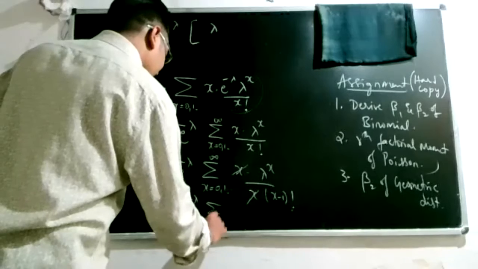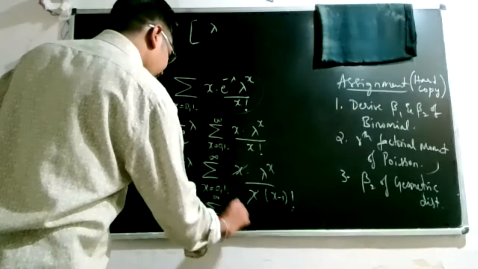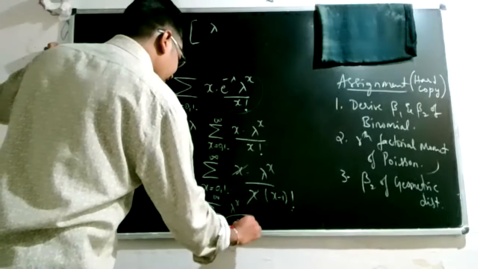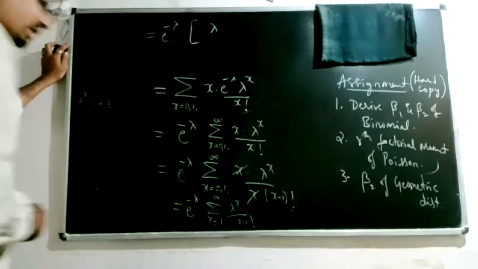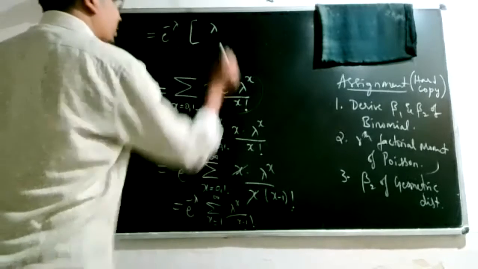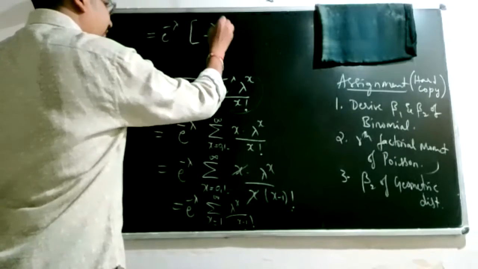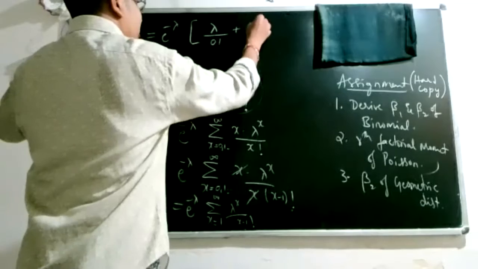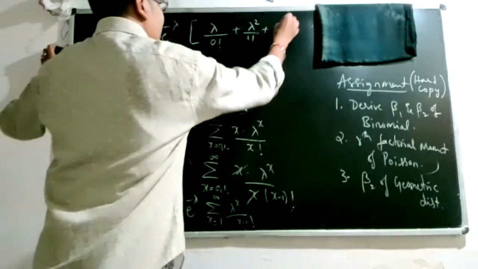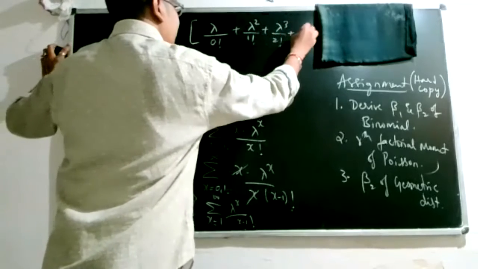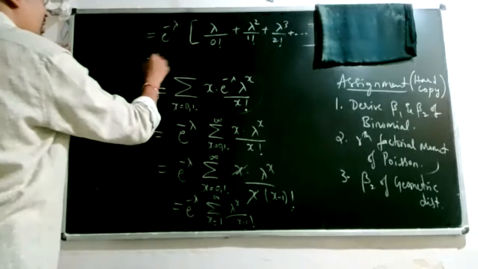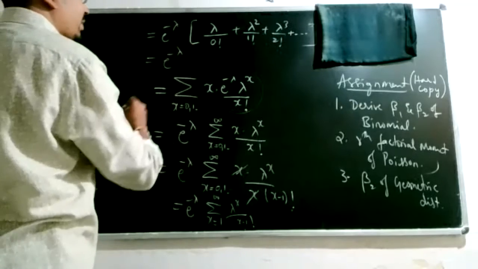This is the same as sigma x equal to 1 to infinity lambda power x by (x minus 1) factorial. So when you put x equal to 1, you get lambda by 0 factorial plus lambda square by 1 factorial, lambda cube by 2 factorial, etc., which is the form of the exponential expansion.